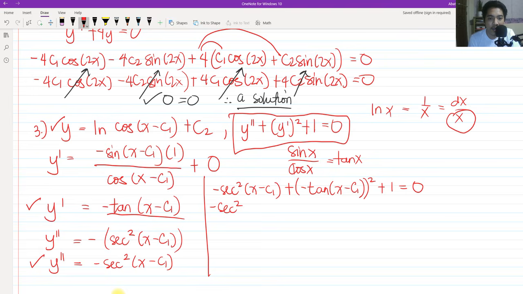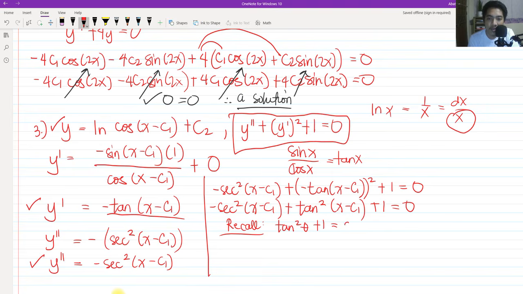So, simplifying, if we square this it becomes positive. Tangent squared of x minus c sub 1 plus 1 equals 0. So it seems that it does not equate to 0. But wait, recalling the Pythagorean identity, tangent squared theta plus 1 equals secant squared theta.